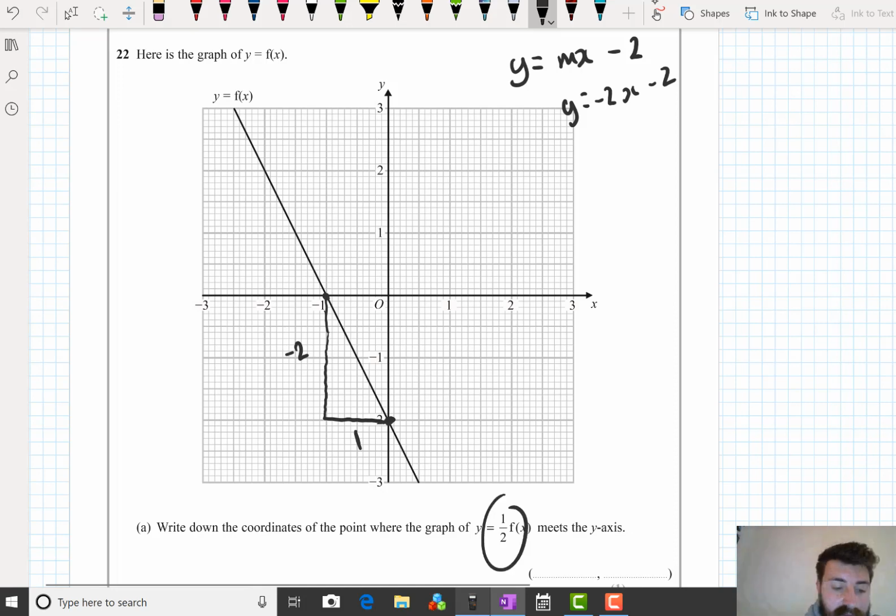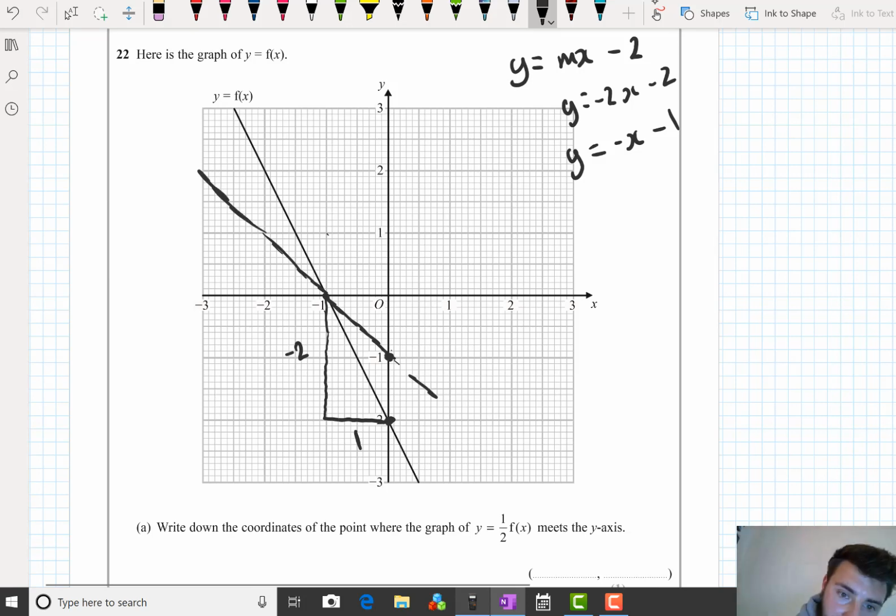So if I halve this here, I get -x subtract 1. I end up with the graph here. And then this is the graph -x here. Going from corner to corner because it's got a gradient of 1 but negative.